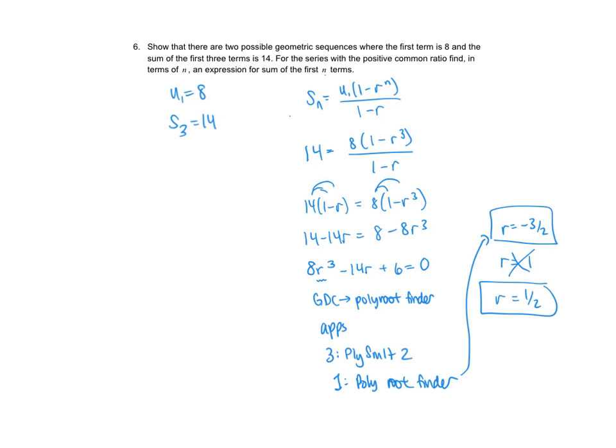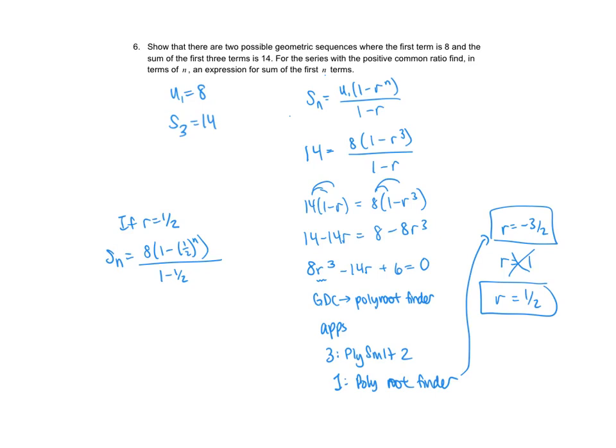Now it wants us to take the positive common ratio and find the sum of the first n terms. So let's do it over here. If r is 1/2, then we can say Sn equals 8 times 1 minus 1/2 to the power of n, all over 1 minus 1/2.